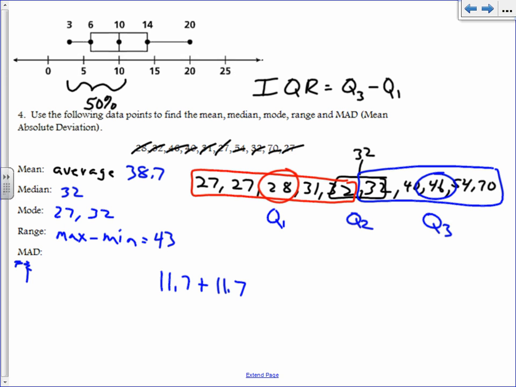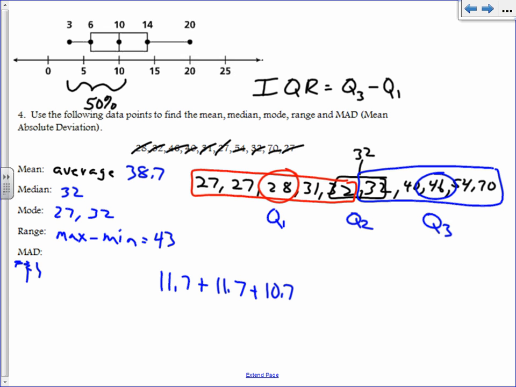Absolute. Guys, the reason I say absolute right there is so you'll take the absolute value of it. It's called the mean absolute deviation. So 28 minus 38.7 is 10.7. Even if you get a negative, you take the absolute value of it and only use the positive number. Now, how many numbers did we say there were up here? 10.